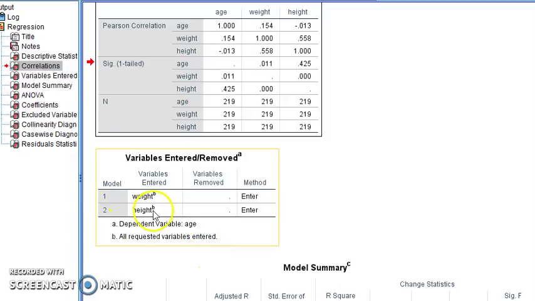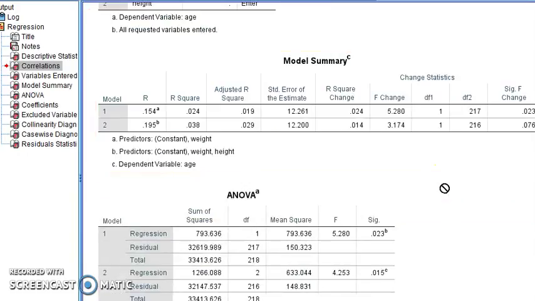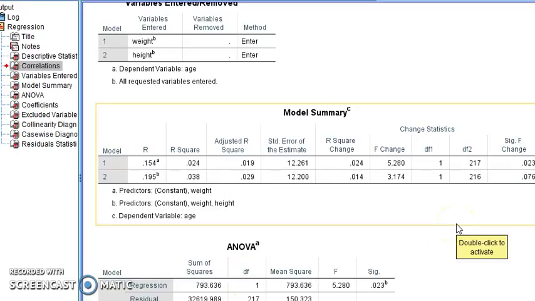Now this next table shows us that we entered weight first and then weight and height. If we go down to the model summary, this is probably one of the more important ones, as well as the ANOVA testing.